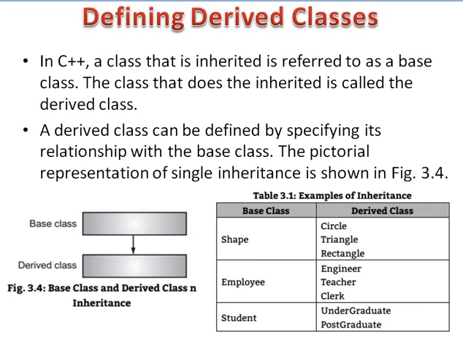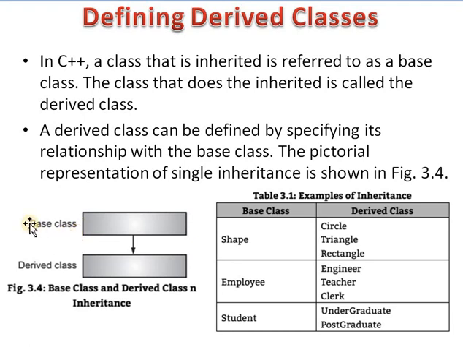Next, we will see how to define a derived class. In C++, a class that is inherited is referred to as a base class. The class that does the inheriting is called the derived class. In an inheritance concept, there is a base class and a derived class. Base class means old class.